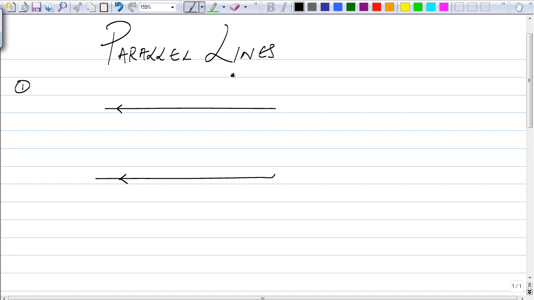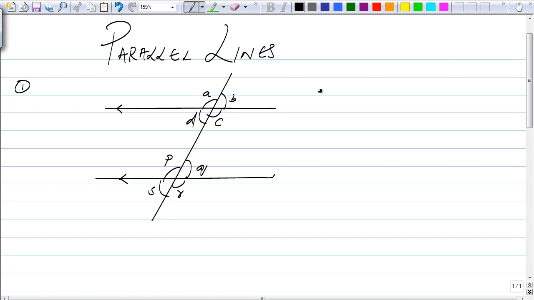If a straight line passes through two parallel lines, it makes angles on both the lines which are equal to each other respectively. For example, A would be equal to P, B would be equal to Q, C would be equal to R, and then D would be equal to S. Now, this property is called corresponding angles.